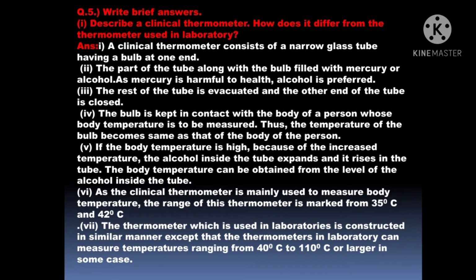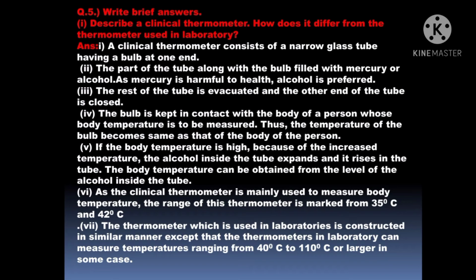The alcohol inside the tube expands, means it rises in the tube. The body temperature can be obtained from the level of the alcohol inside the tube. So, the rise in the alcohol liquid present inside the tube will tell you the body temperature.